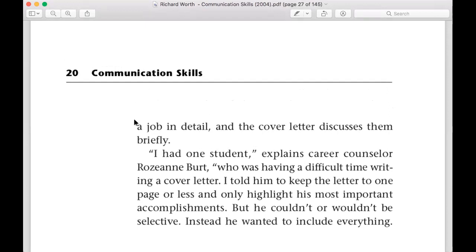So what happens is, when the student writes everything, the HR, the human resource department of any good organization, gets a lot of CVs and job applications. So they do not have time to read pages and pages of people's cover letters, right? So basically, they read the cover letter, and if they like it, they read your CV or the resume that is attached, right?